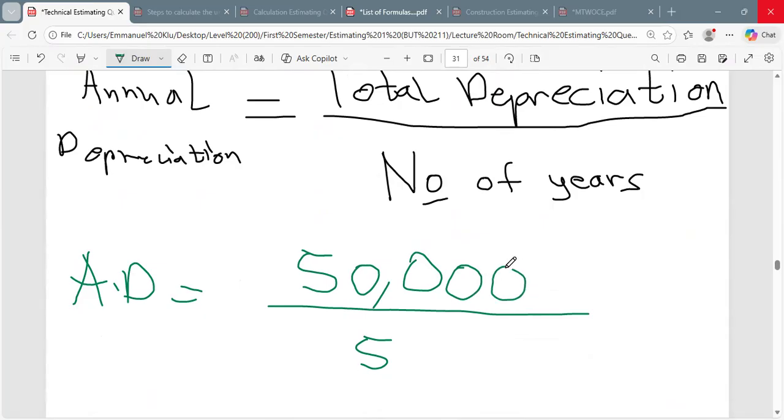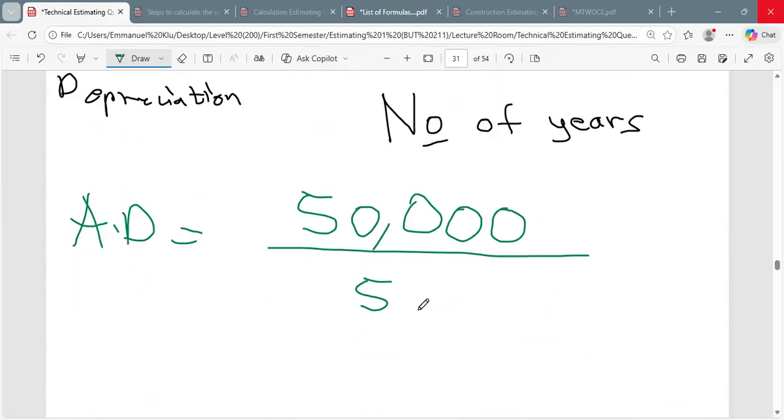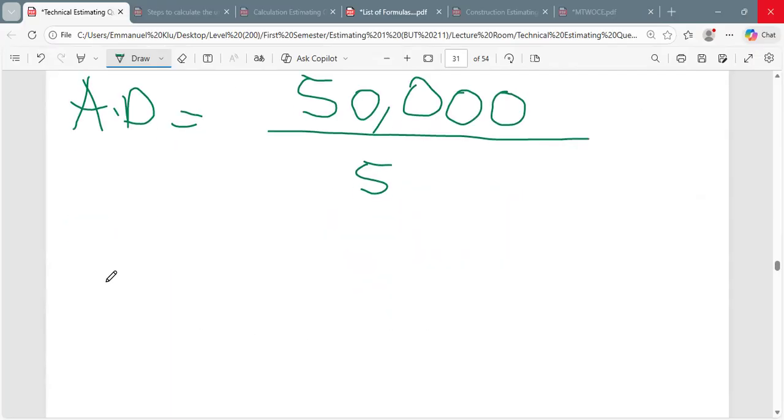So if we divide 50,000 by 5, we are going to get 10,000. So our annual depreciation is equal to 10,000 per year. This is in 5 years.